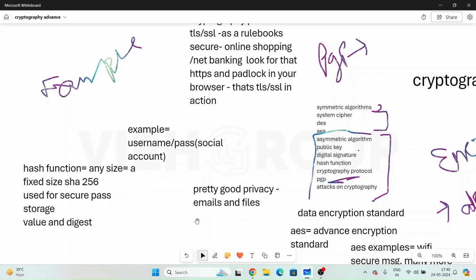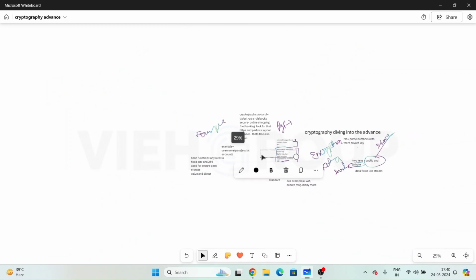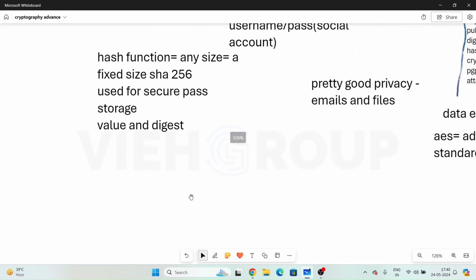Now, attacks on cryptography. I am going to tell you in advance as a cautionary note: no system is perfect and cryptography is no exception. So the first one is brute force.